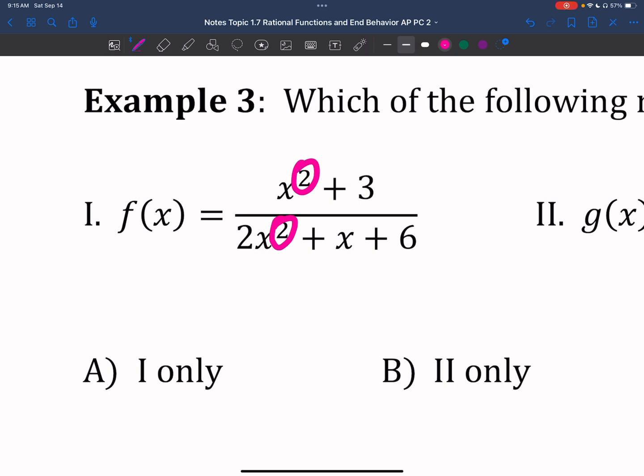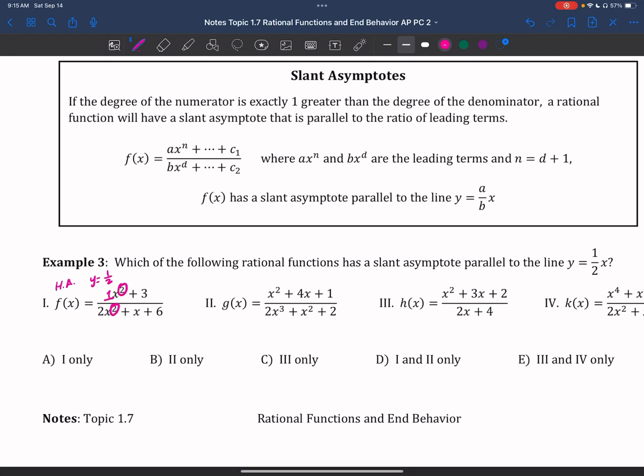Degrees are equal to each other, so that reminds me of bottom equals top, and then divide the coefficients. So this one actually has a horizontal asymptote at y equals 1/2. Again, I want one that has a slant asymptote parallel to the line y equals 1/2 x. So I can cancel out A and I can cancel out answer choice D.